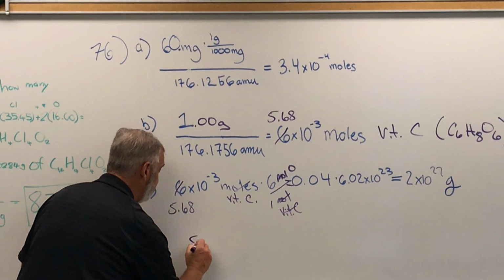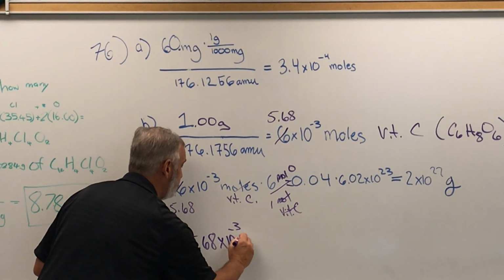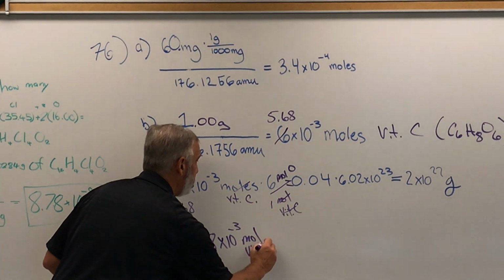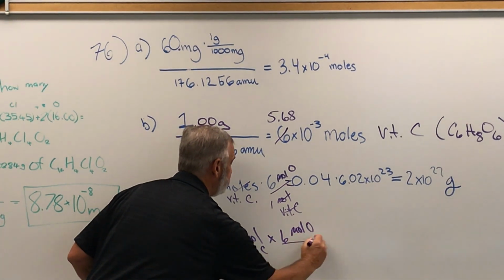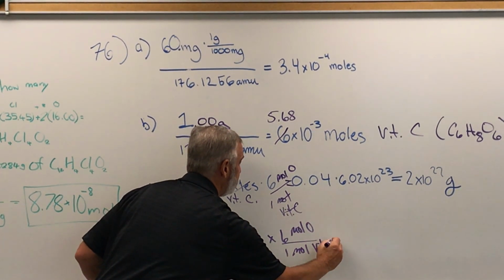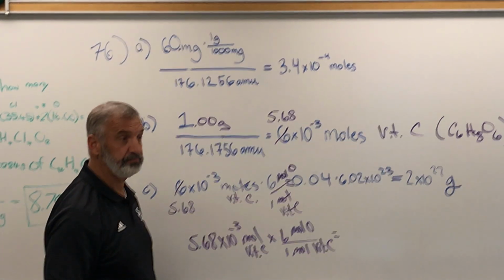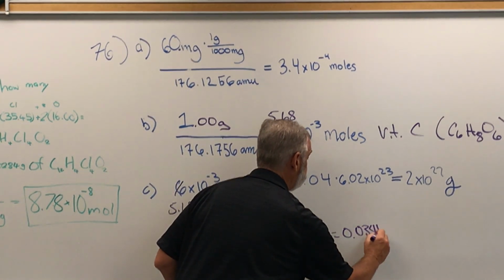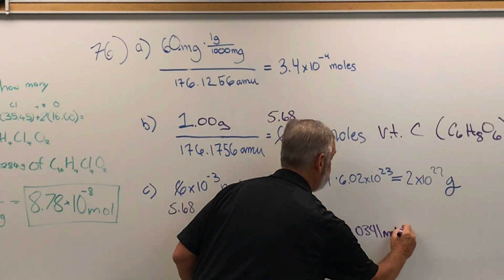So we're going to be at 5.68 times 10 to the minus third moles of vitamin C times 6 moles of oxygen for every 1 mole of vitamin C. Okay, and that's going to equal, to 3 sig figs, 0.0341 moles of oxygen.